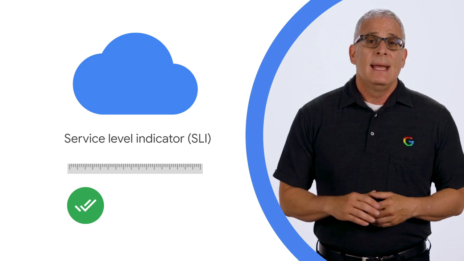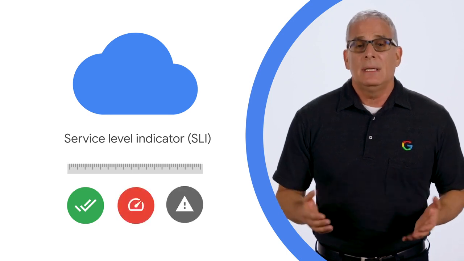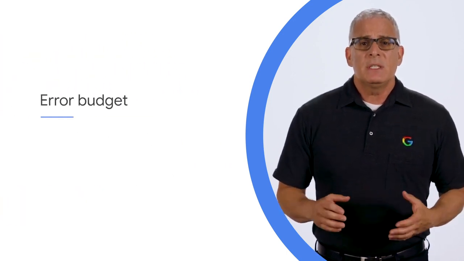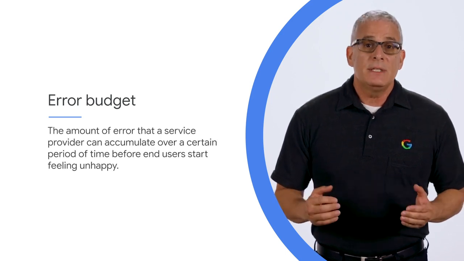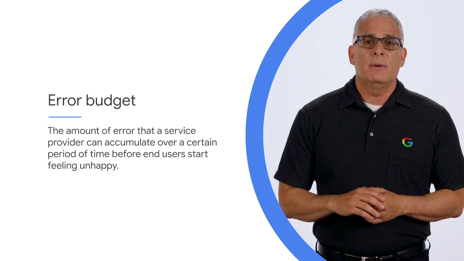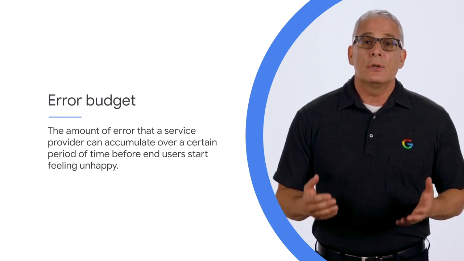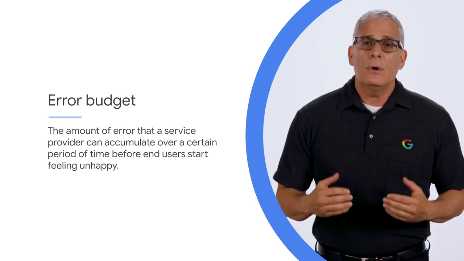For example, SLIs often include reliability and errors. This brings me to another important term, error budget. An error budget is the amount of error that a service provider can accumulate over a certain period of time before end users start feeling unhappy.